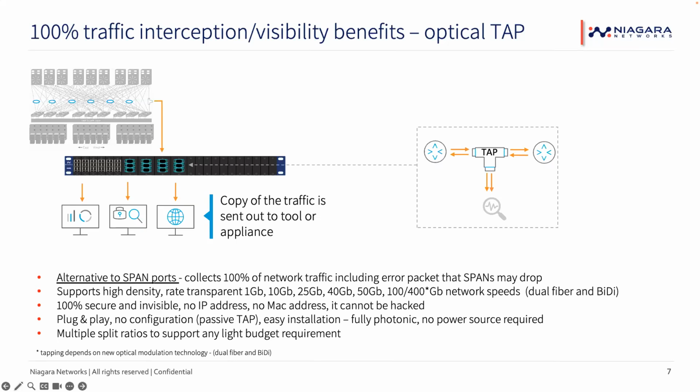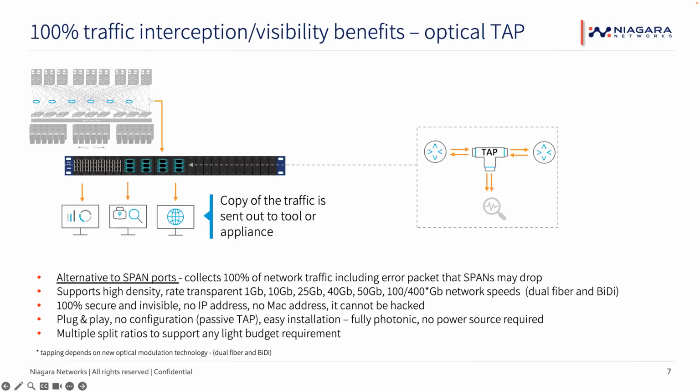Why did my tool not see it? It's because your span got misconfigured, and this happens a lot. Impossible to happen with a tap. There's no configuration. It's just purely light optics and passing that traffic to the tool.